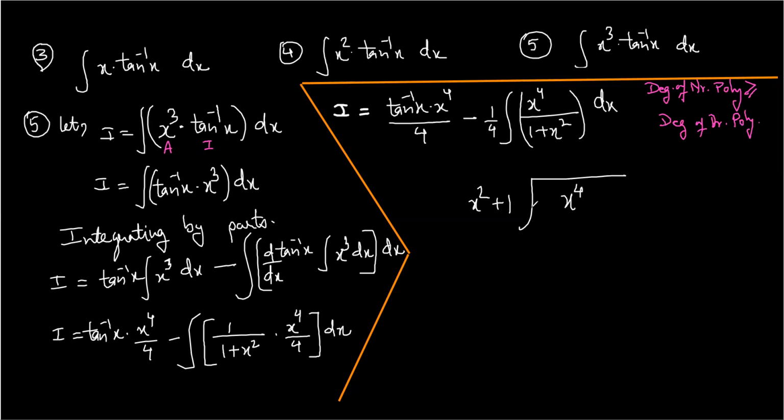This is what you can do, and then you can integrate this. This is one way you can do it. But here I see this method you can definitely go for.